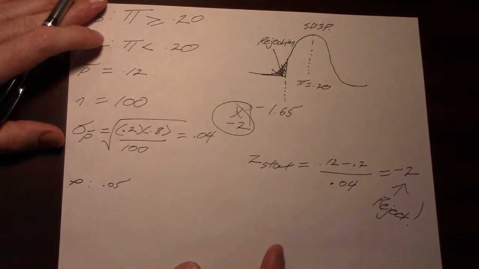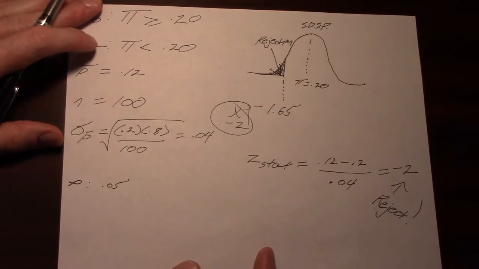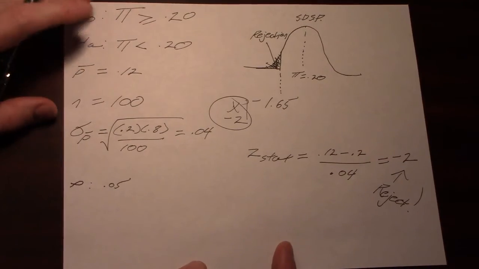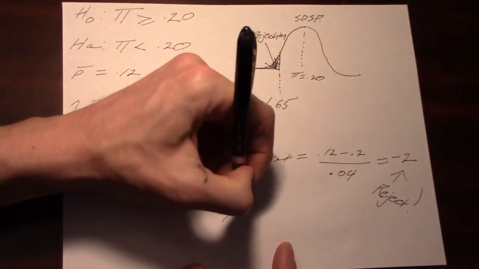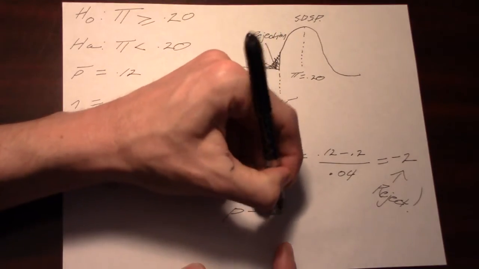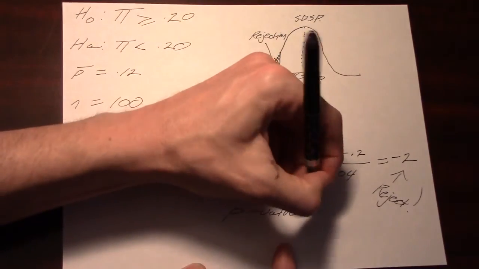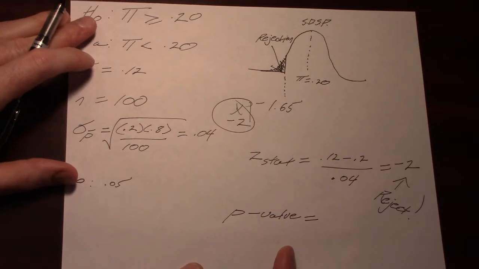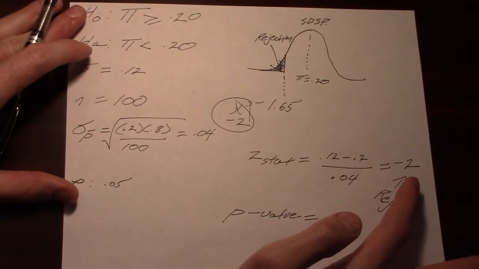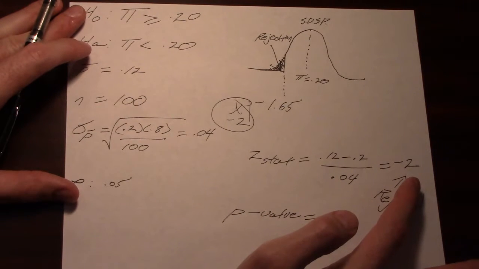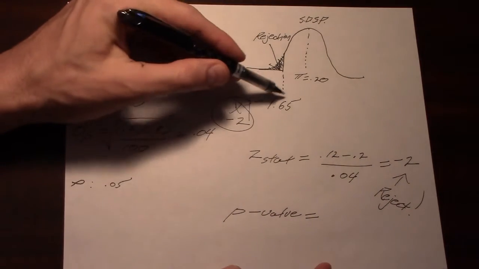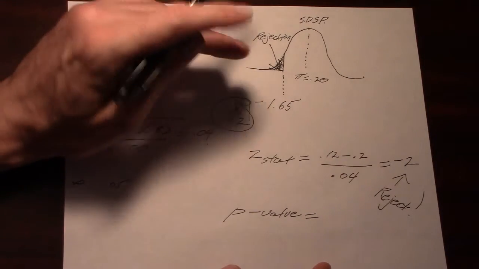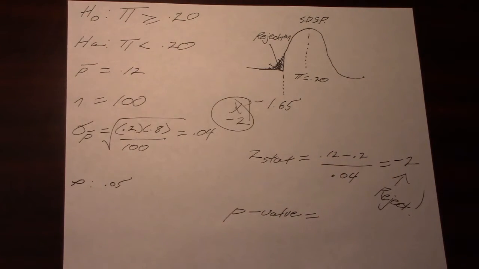Now, just for fun, let's calculate the p-value associated with a z-stat of negative 2. Our p-value gives us more exact information about how likely it would be to get a test statistic of negative 2. We know it's less likely than 5% because it's past negative 1.65, but let's find out exactly.